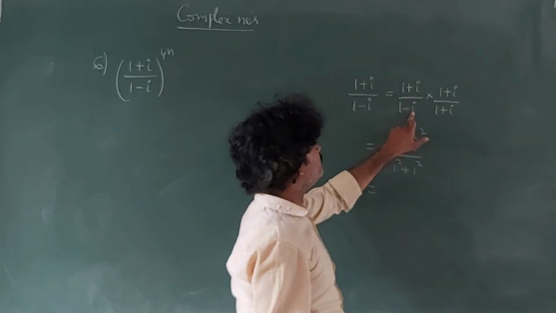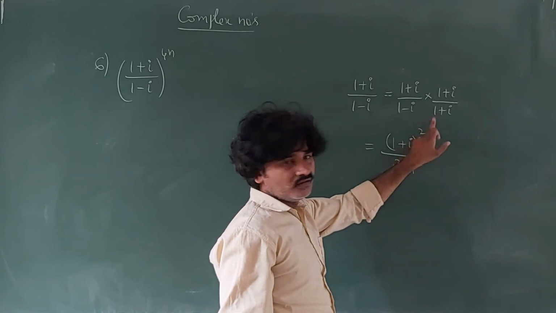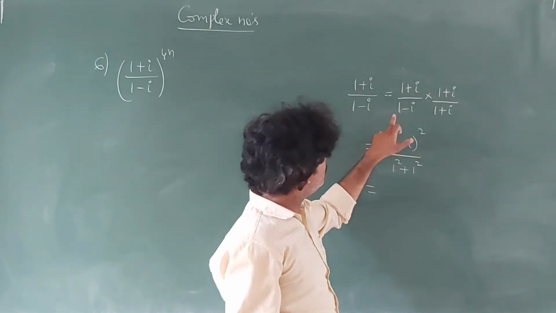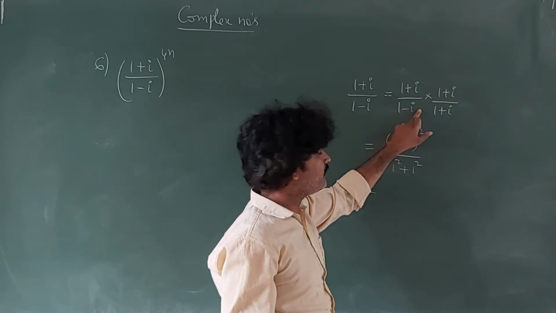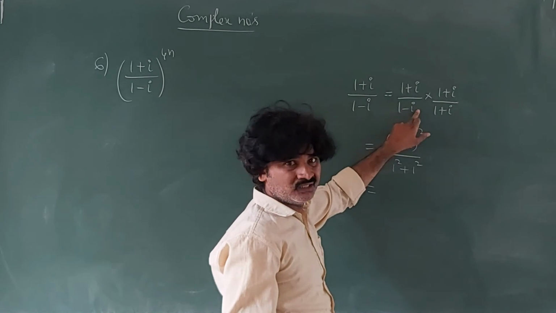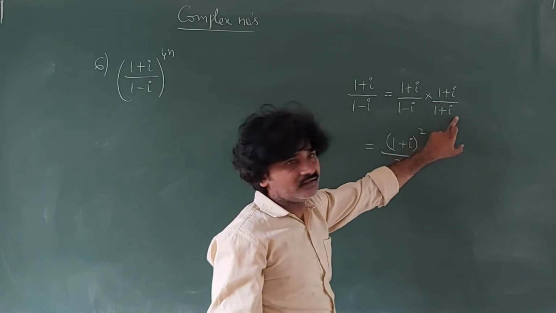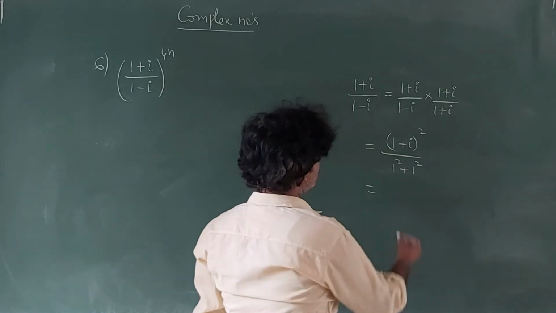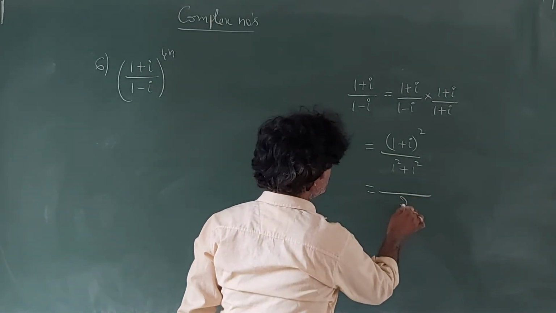Here a means 1, b means 1. Don't forget, again no need to multiply. Always a minus ib: here 1 minus i I can write as 1 minus i into 1, and this is 1 plus i into 1. So 1 square plus 1 square, nothing but denominator is 1 plus 1.